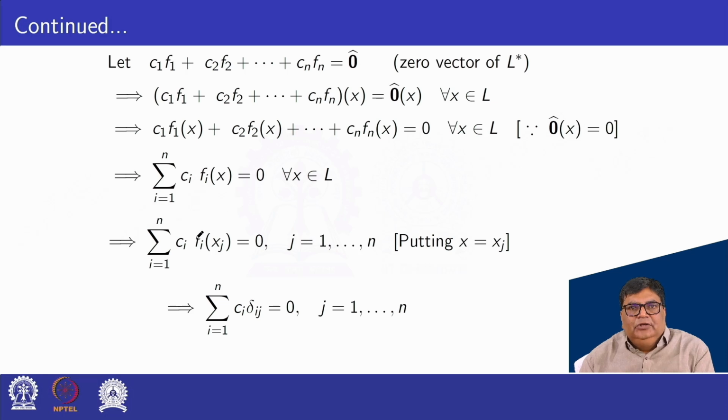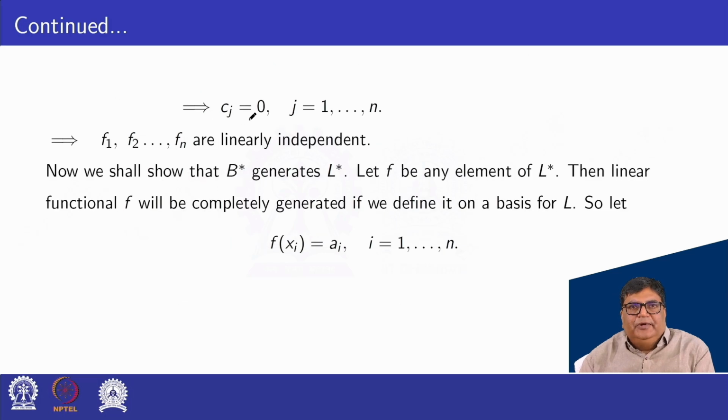Since fi(xj) is the Kronecker delta ij, this implies that summation i equal to 1 to n ci delta ij is equal to 0. This implies that cj is equal to 0, j equal to 1, 2 and so on n.